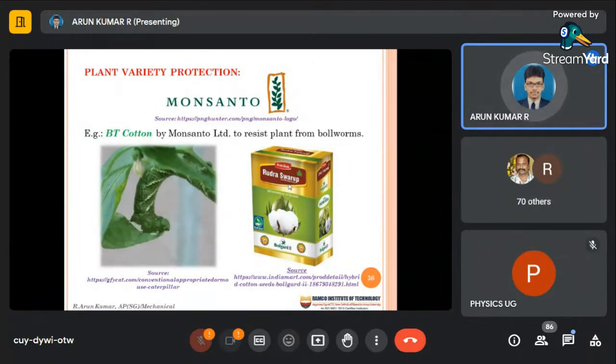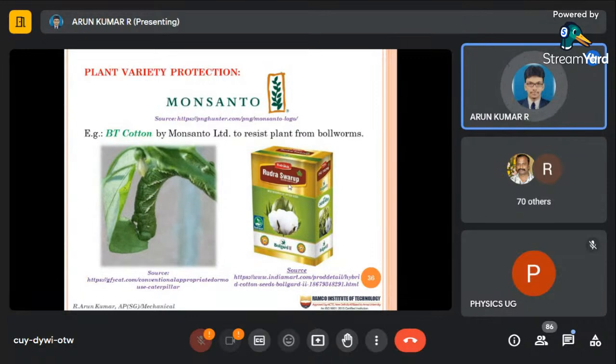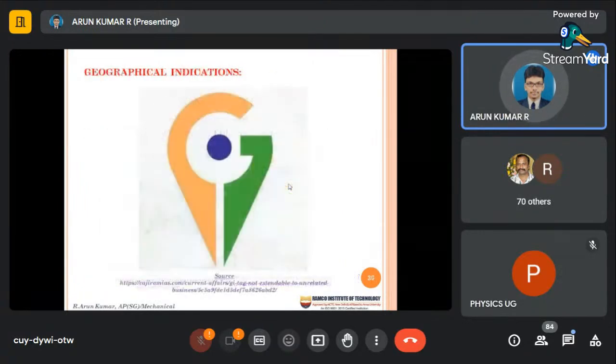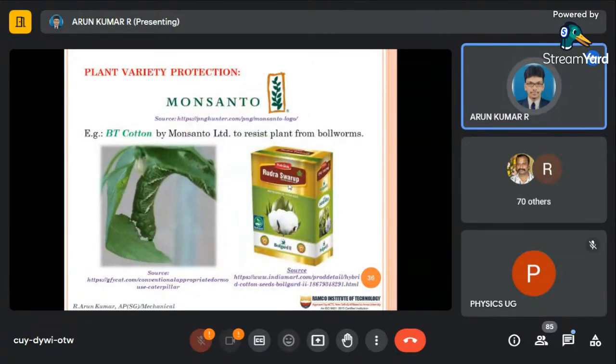Now, what the company Monsanto did is that they underwent R&D, and they genetically modified the seed of this cotton plant so that the new modified plant is not affected by this bollworm, and that is what we call BT cotton. So these kinds of inventions, once again, which fall under the plant kingdom, can be protected under plant variety and farmers right protection. And I have already told you about the tenure of protection also.